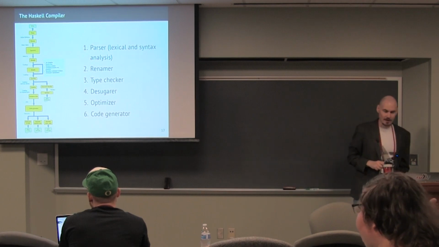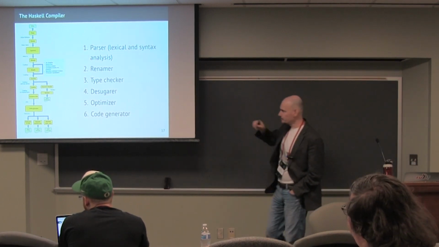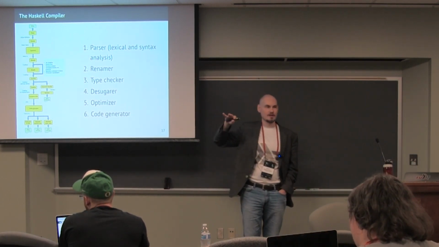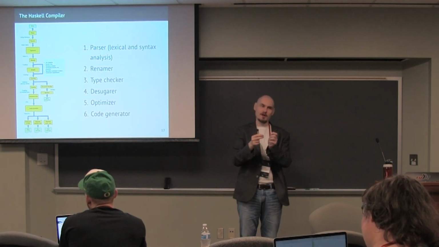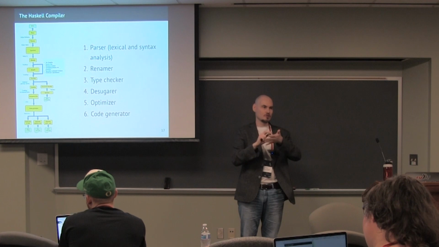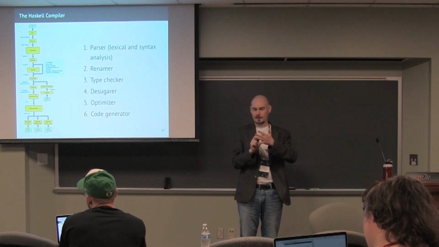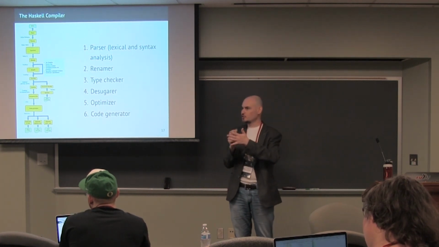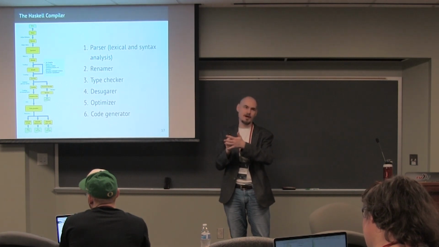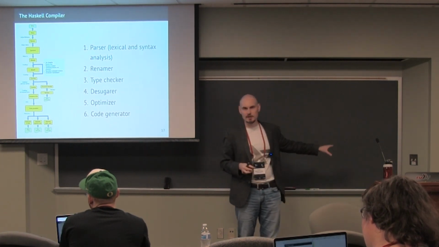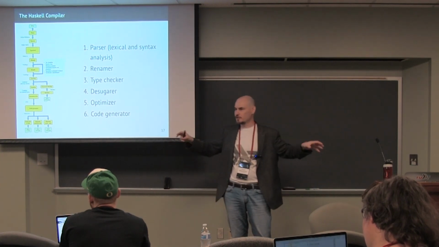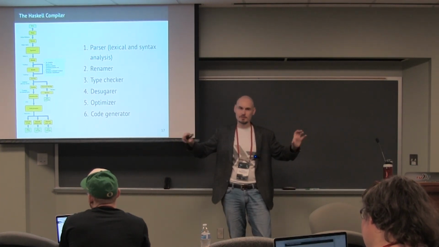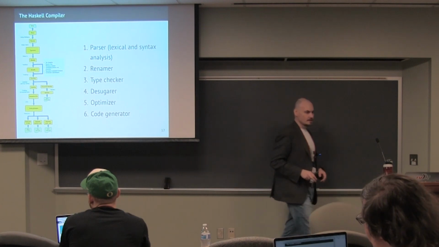Of course. Then we have a renamer. Renamer means taking a name which was read from the file and converting it to something with more information about where this name was defined. So which module this name comes from, which library it comes from, something like that. Renamer is responsible for that. Then the type checker.